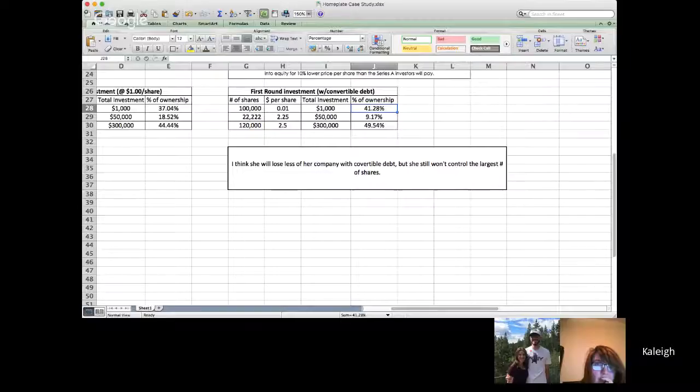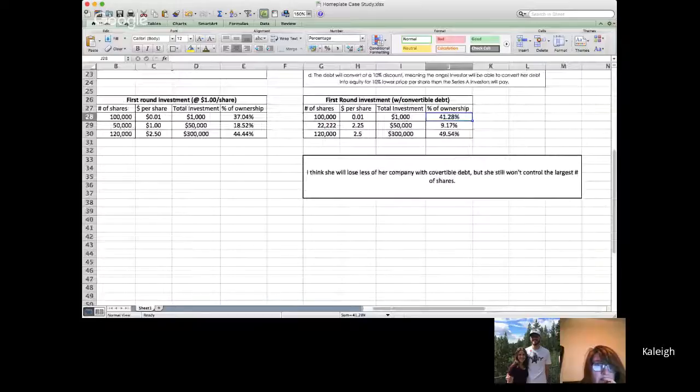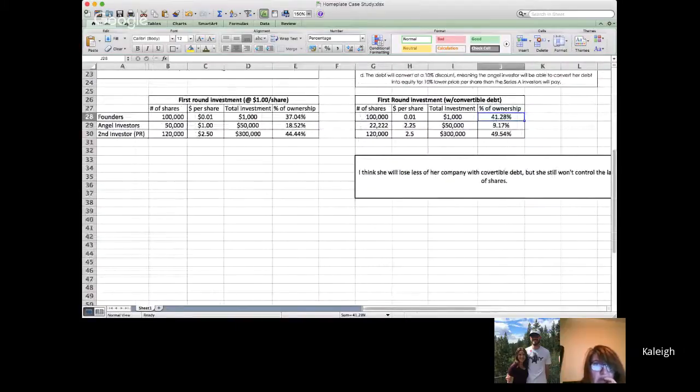So let's just say if she is going to make the $300,000 investment, then go with the convertible debt. The best option would be convertible debt. Right. Because she'll keep the majority, she'll keep the most percentage of her ownership. Yep.